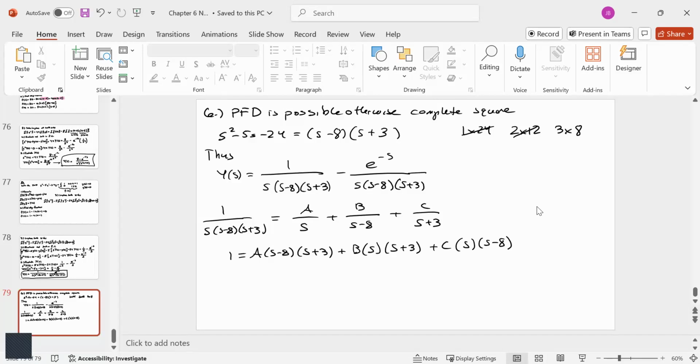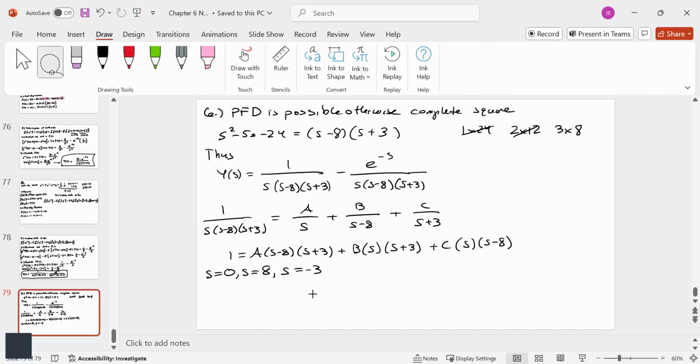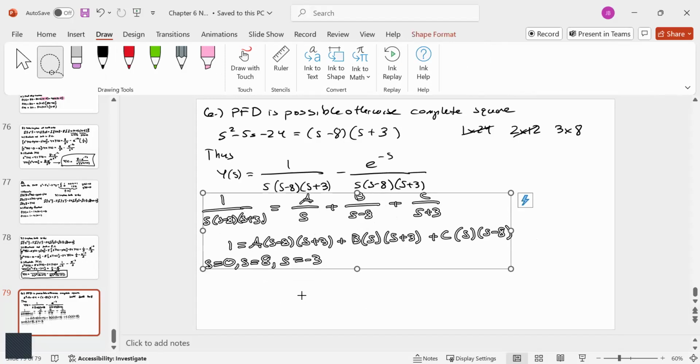And then I think of the singularity points, what points will cancel out some of the terms. And so then I think to myself, s equal to 0, s equal to 8, and then s equal to negative 3. So if I plug in each of those numbers, they're going to let me solve for one of the variables, right?